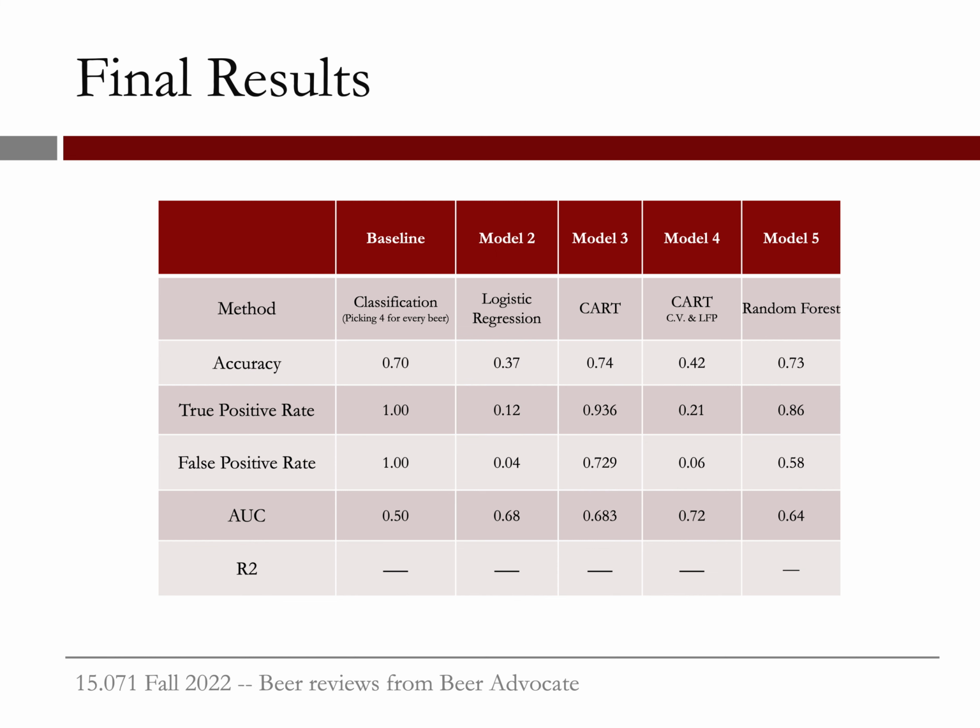So we just did a regular random forest model to compare against the other CART classification models. And for a random forest model, we really struggled to penalize the false positive rate. I think that we penalized it as much as we could.